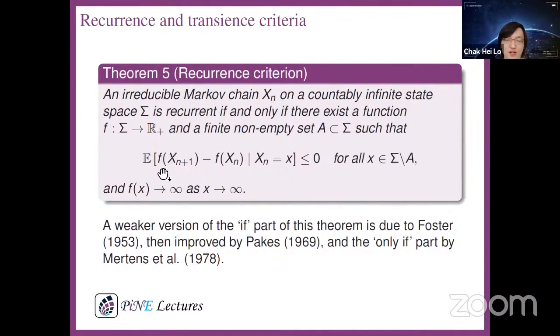So if we take the expectation of f(X_{n+1}) minus f(X_n), given we know the starting point starts with x, if this expectation is less than or equal to 0 for all x in Σ outside of A, so for all points that are outside of a non-empty set A. And the second condition that we need is we want f(x) goes to infinity as x goes to infinity.